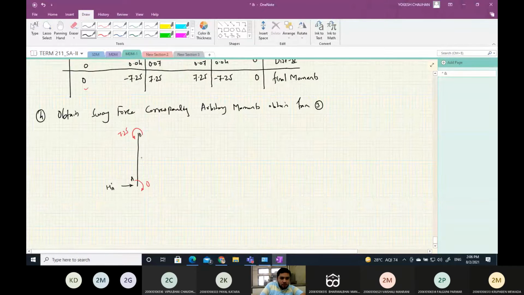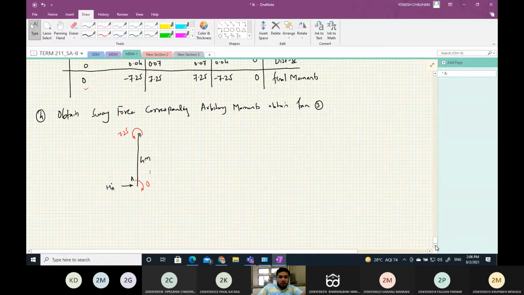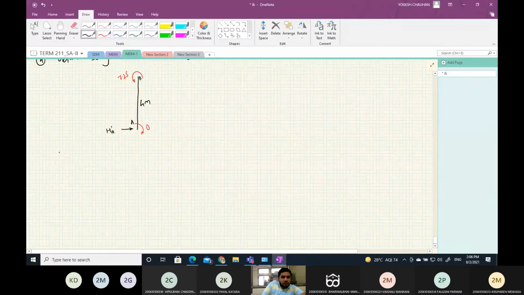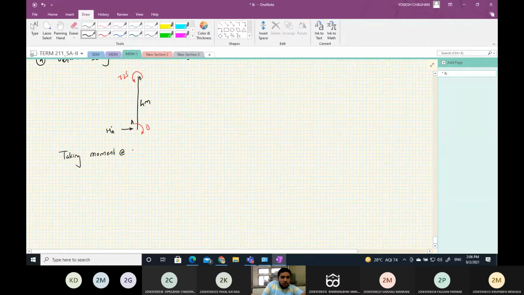This is 4 meter. So you can find HA dash by taking moment at B.